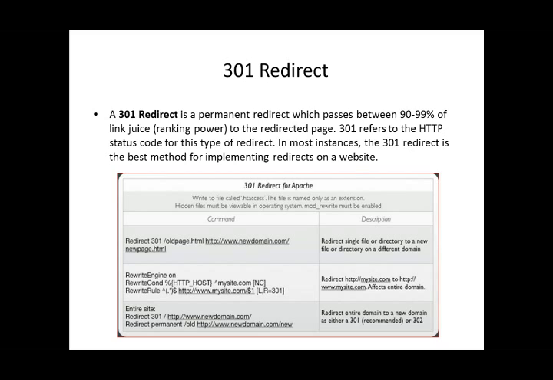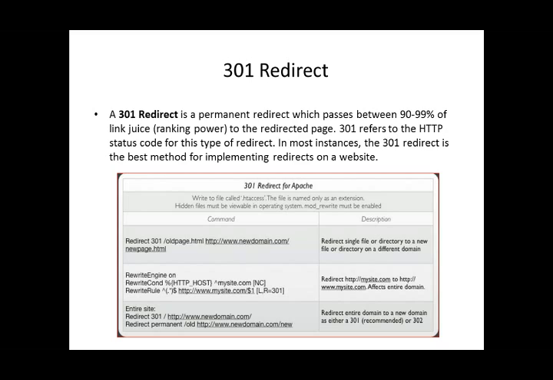There are certain best practices that should be followed when it comes to redirecting a single file or a directory to a new file, or redirecting an entire website to an entirely new domain. There are certain examples that should be followed and kept in mind while doing this.